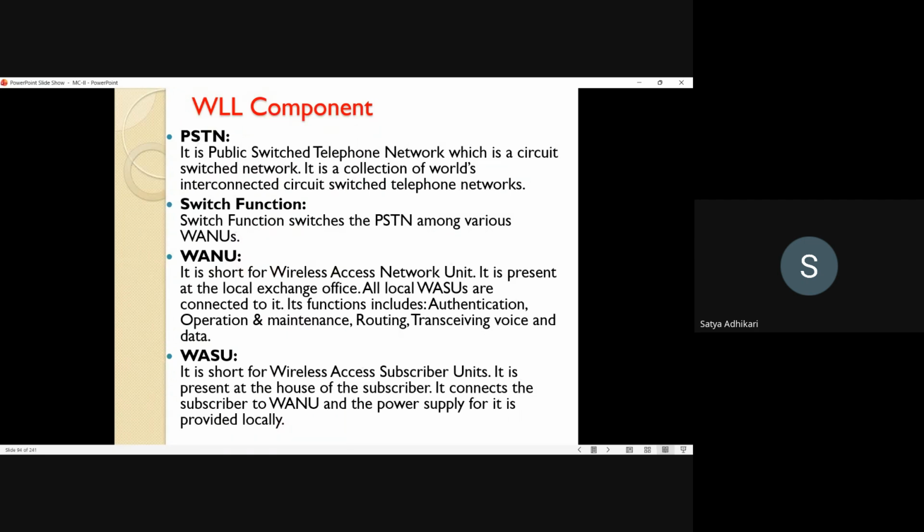Once you connect your WASU with the WANU at the local office, all these functions, such as authentication of whether you are an authorized user, operation, maintenance, routing of packets or data, and transmitting voice and data, are handled. WANU is responsible for that.